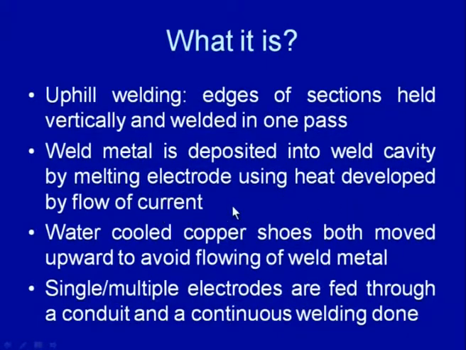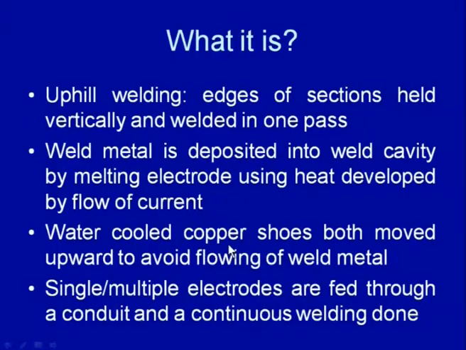This electrical resistance heating is mainly used for melting of the filler material and the base material, and water cooled copper shoes are used to prevent the molten metal from flowing out of the weld area. Single or multiple electrodes can be used depending upon the thickness of the plates to be welded.